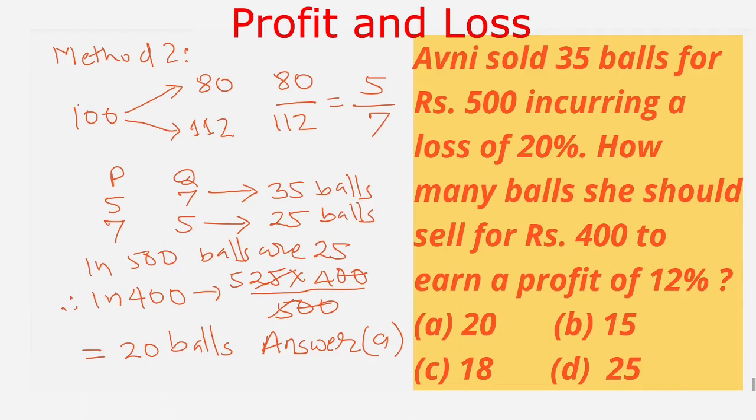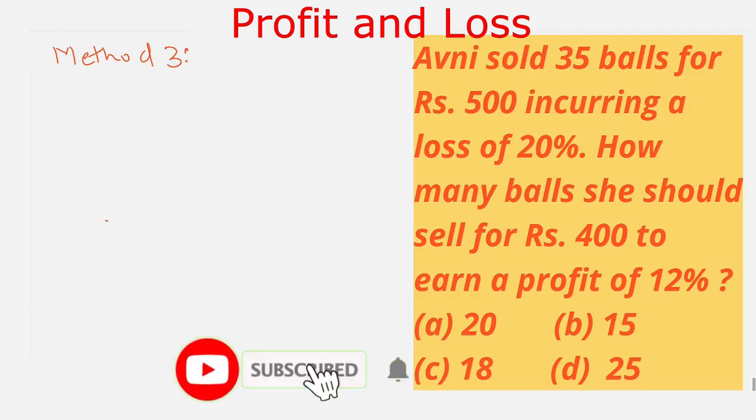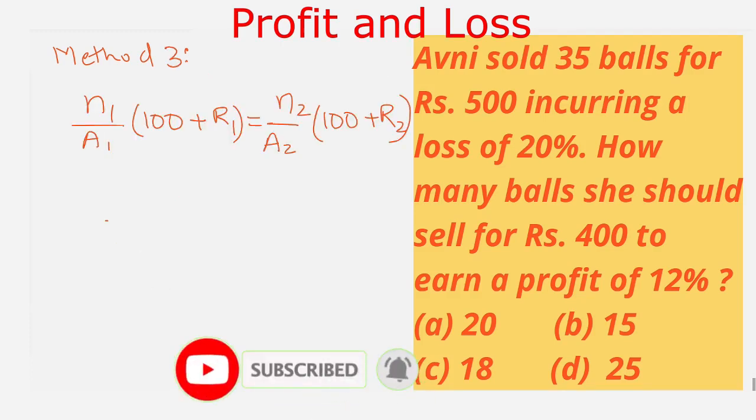We solve this question by another shortcut formula method. The formula is N1 upon A1 into 100 plus R1 equal to N2 upon A2 into 100 plus R2.